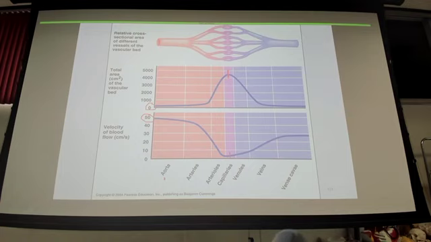Everything else does play. Radius of the tube, we got that. Length of the tube, right? The longer the tube, the more resistance. Why? Friction. More friction. Okay? And then viscosity. You guys know what viscosity is. The thickness of that fluid. Like it says, water versus honey or syrup. That has to do with hemoconcentration.